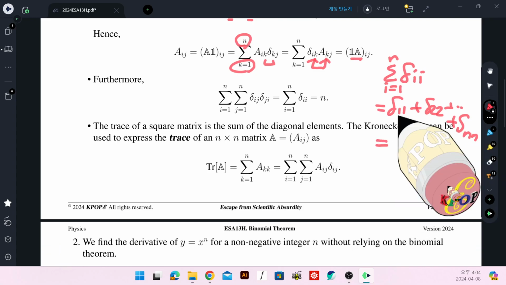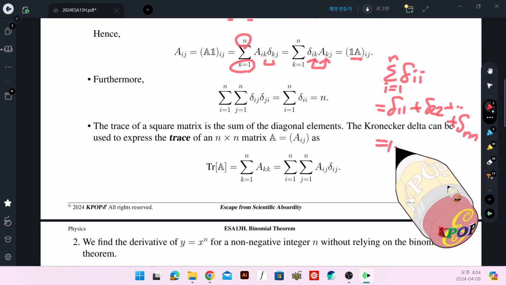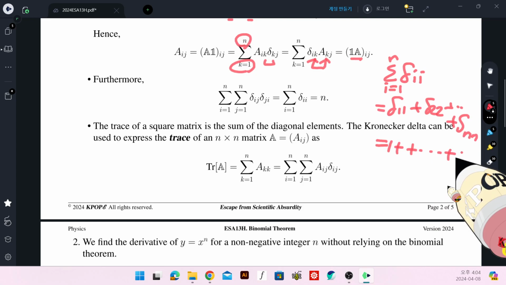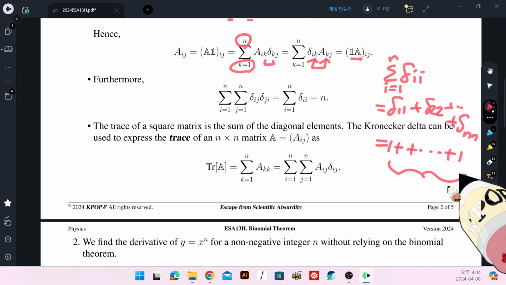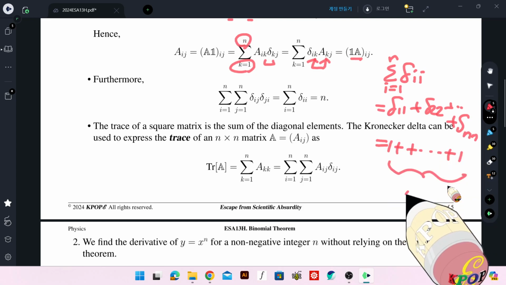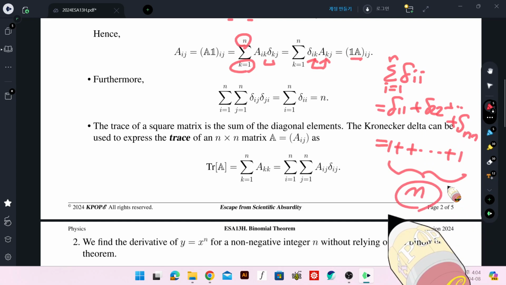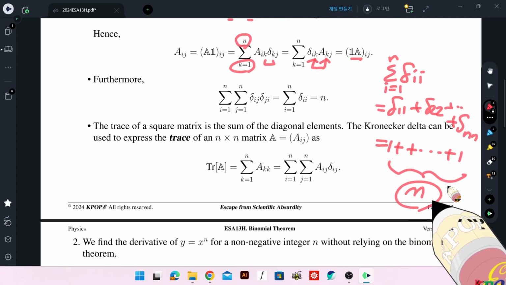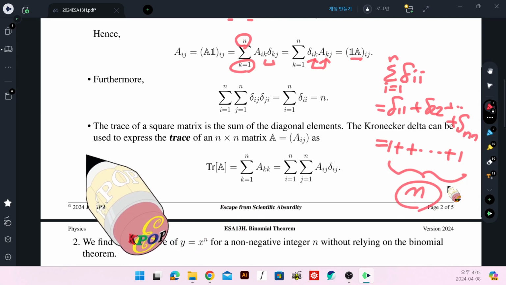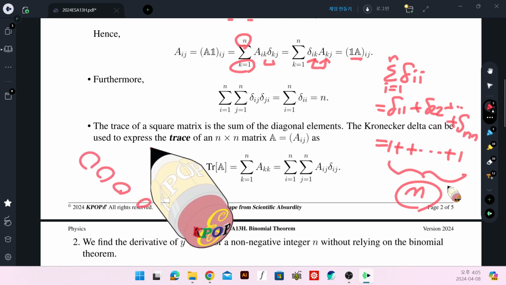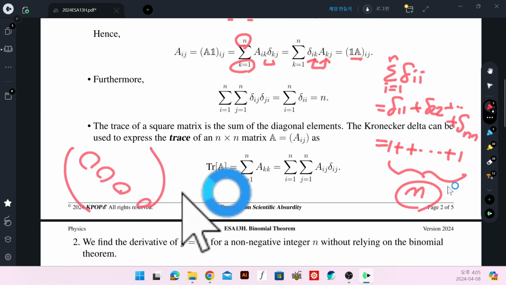We know the two indices are the same, then everything is 1. I know that there are n diagonal elements in the n by n identity matrix. The result is n.